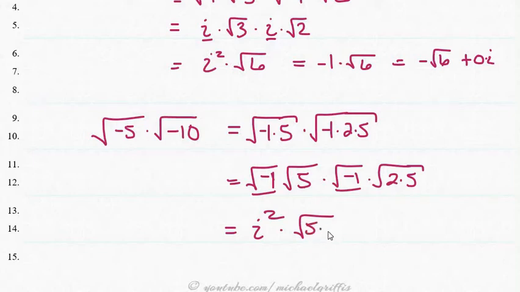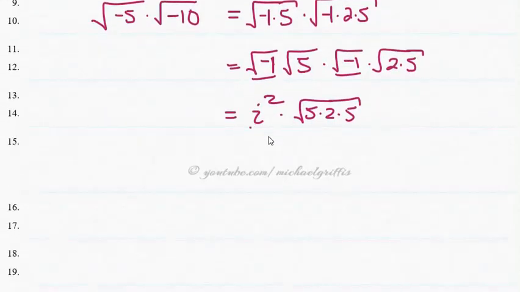So this is 5 times 2 times 5. Okay. i squared is -1, times. Now we have 5 times 5, which is 25. Actually, you know what? I'll just rewrite it over here. So this is actually 25 times 2.